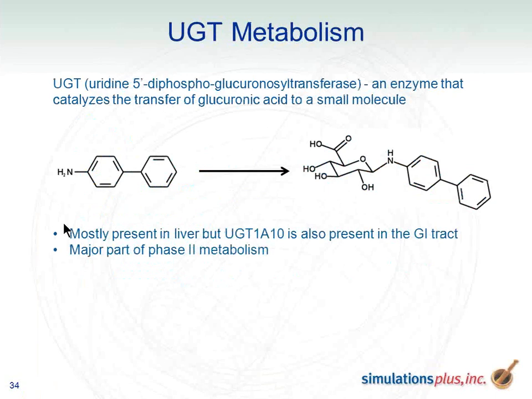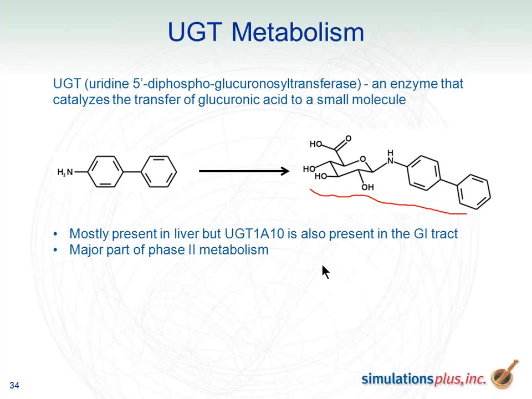So in this last section, I just want to briefly introduce our UGT models. A UGT is typically involved in phase 2 metabolism, and the enzyme transfers glucuronic acid onto the substrate molecule. In this case, we have an aniline, and the UGT would add this glucuronic acid and make this molecule much more hydrophilic, and therefore it could be quickly cleared.